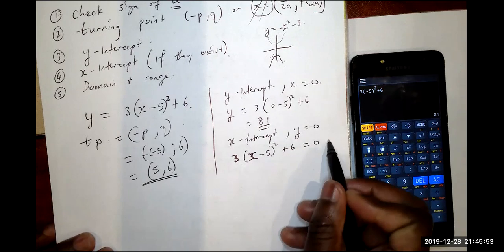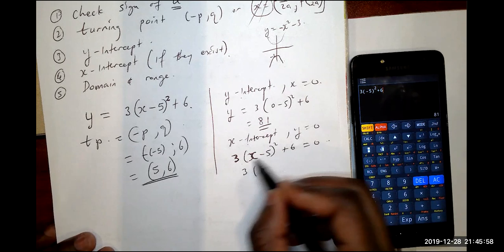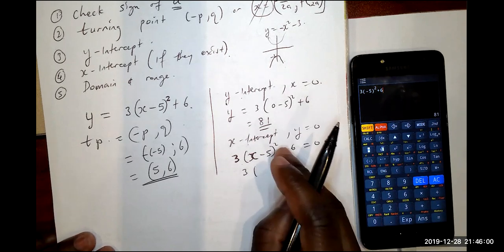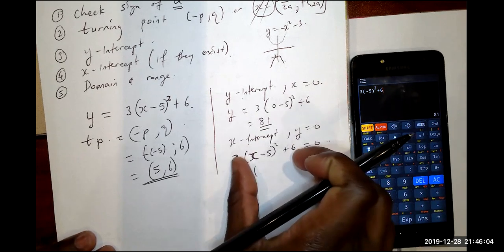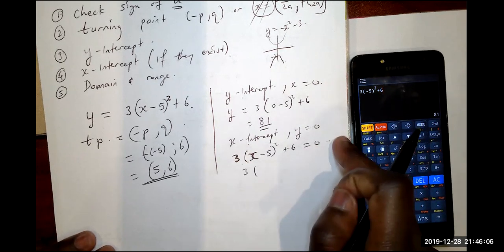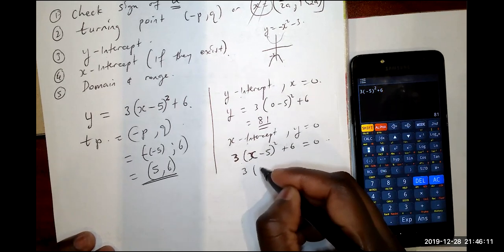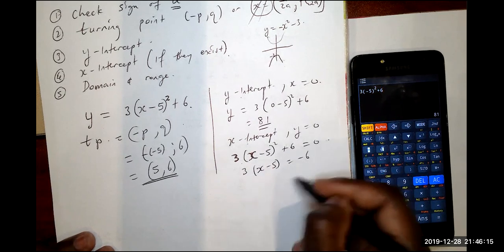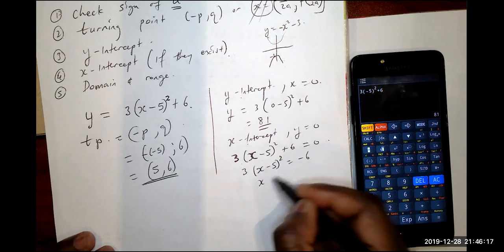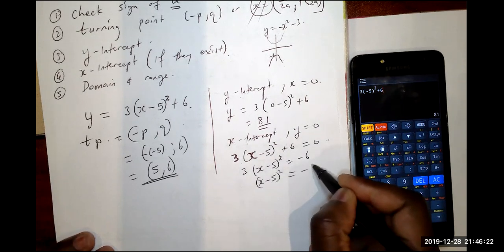We take 6 that side. There's no need for you to expand here, remember, because if you remember completing the square, when you reach this point, you take this value there, then you divide, then you find the root of that. So you're going to say 3(x minus 5) squared is equal to negative 6, so (x minus 5) squared is equal to negative 6 divided by 3, which is going to be negative 2.